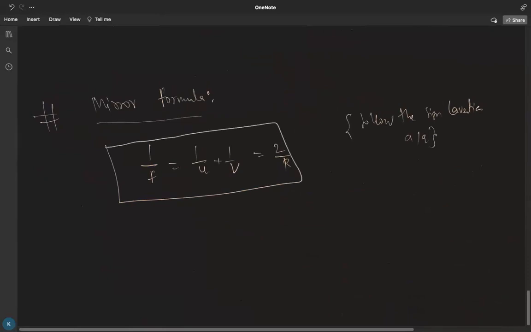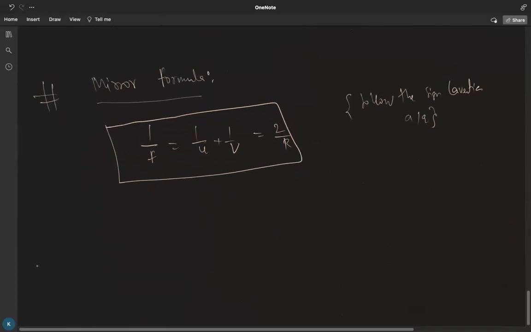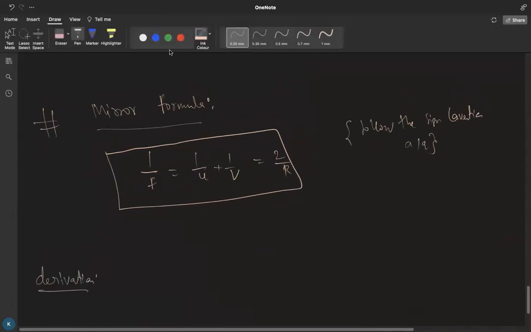We are going to derive it as well. Let's derive it. I'm deriving it for the concave mirror, and you can derive it with the same approach for the convex mirror as well. So let's start deriving. Let me draw the figure with a different color, let's take a red one.